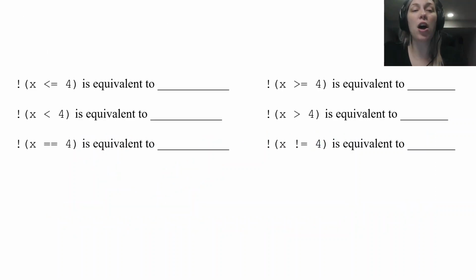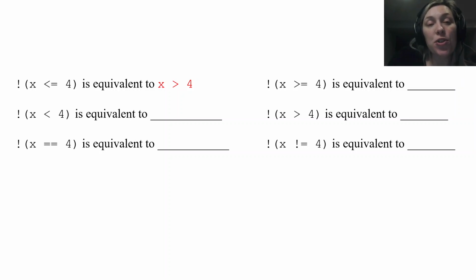So here's all of our comparison operators, and let's talk about what they are equivalent to when we negate them. This example here, not x less than or equal to 4, when I draw that out and write the equivalent, is going to be x greater than 4. The exact opposite operator.